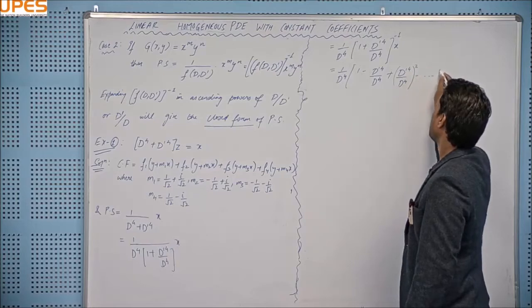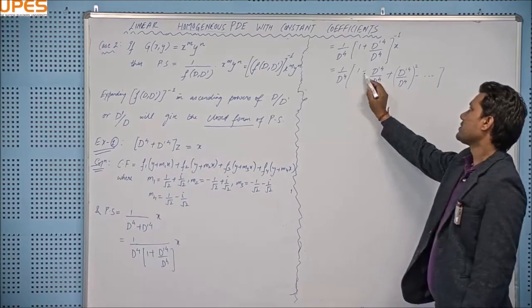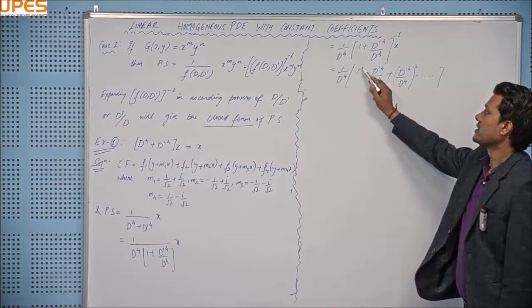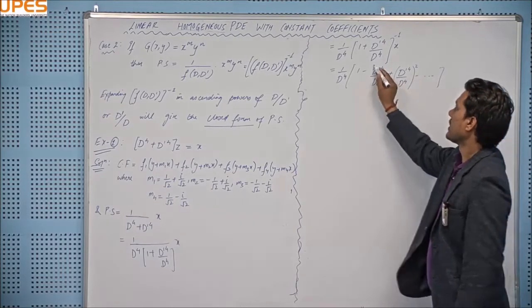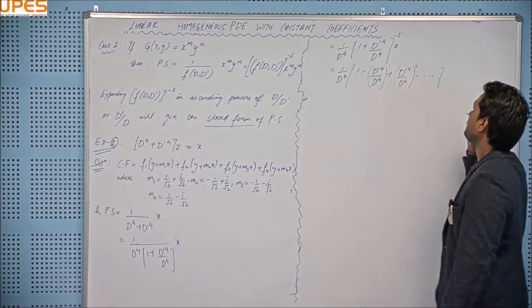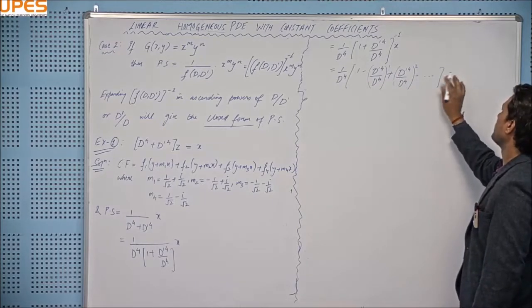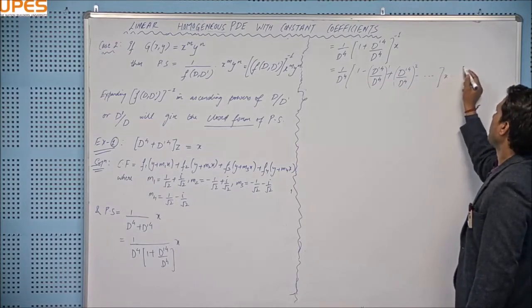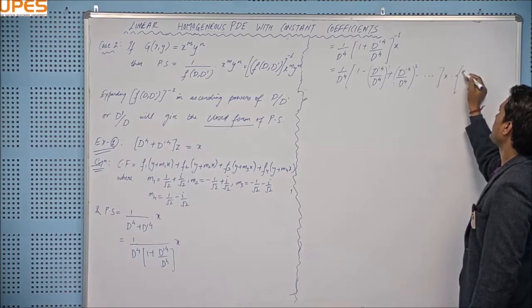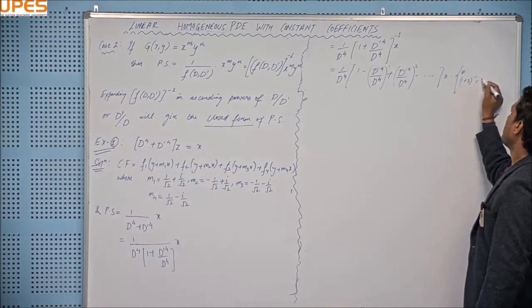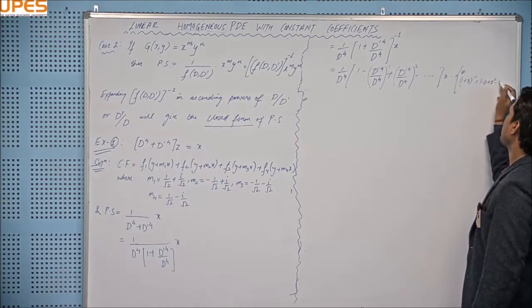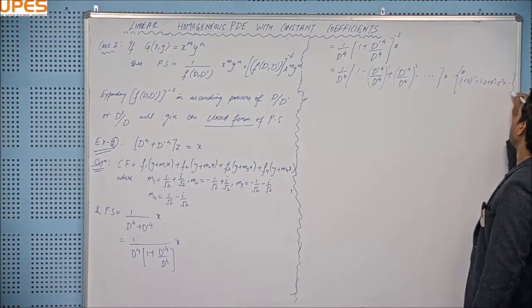And so on. The sign goes alternate, and the power goes on increasing, power 0, power 1, and so on. Here I have x, and I have used the formula (1 + z)^-1 = 1 - z + z^2 - z^3 and so on.